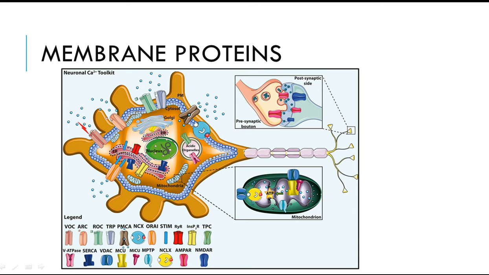So this list that we're going to go through, just like any other list we'll hit this semester, is not all inclusive. It's just a snapshot or a survey of what's going on. In this image, we can see some nerve cell membrane, and on the bottom left-hand is a key for the different types of proteins that you might find, not only in the cell membrane, but in all of our membranous organelles inside of the cell.